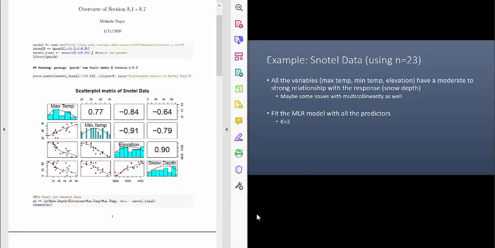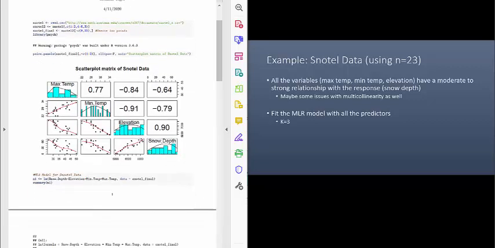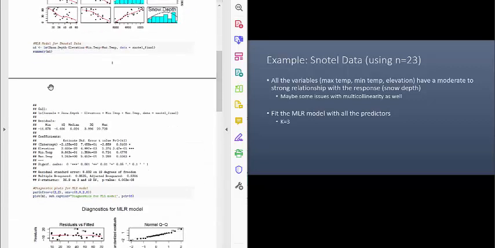We're going to fit the multiple linear regression model with all 3 predictors. So k is equal to 3. So here's our linear model output showing our y variable and showing our different x variables.